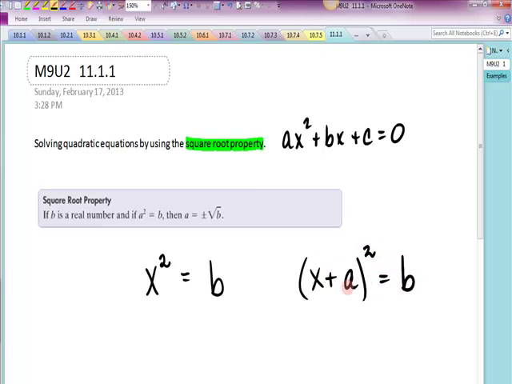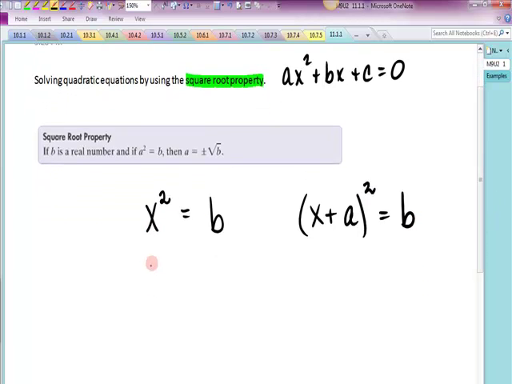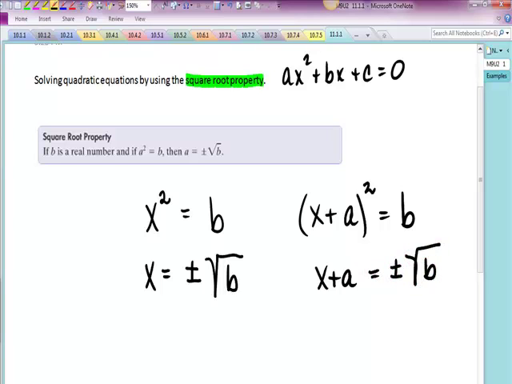It could be very, very complicated in here, but it has to be something involving x squared equals a constant. Could just be x squared equals a constant. Either way, x is equal to plus or minus, that's a joined sign, positive or negative, square root of b. In this case, it would be x plus a is equal to plus or minus the square root of b.